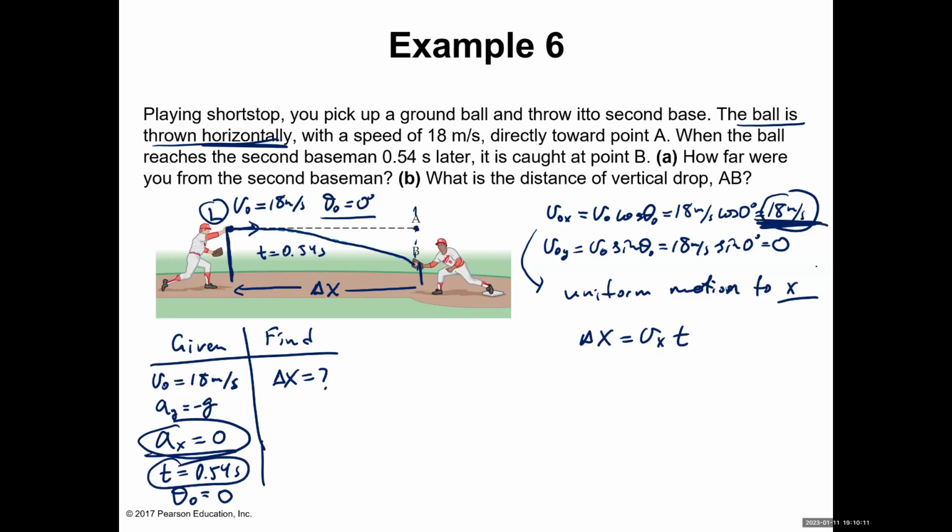I just calculated my x velocity, and that's all I need. 18 meters per second, then times 0.54 seconds, because I know it takes 0.54 seconds to go from L to V. All right, 18 times 0.54, I get delta x of 9.72 meters. There you go, that's part A.